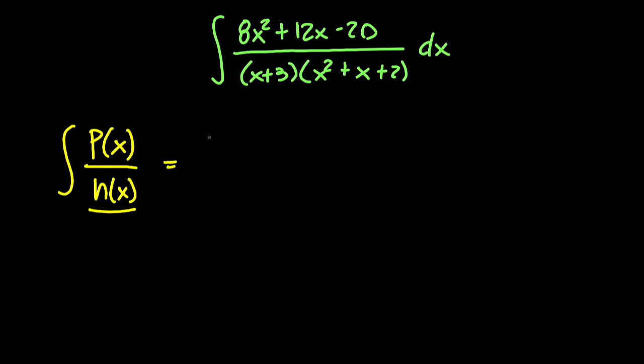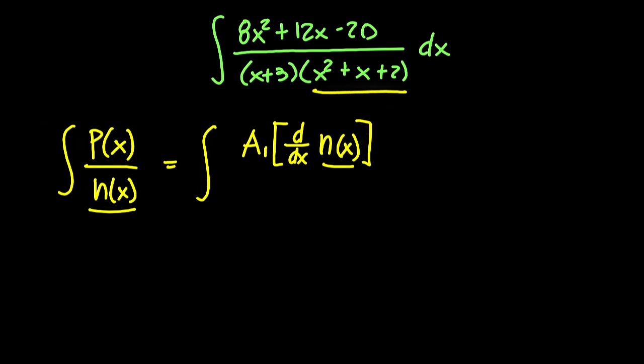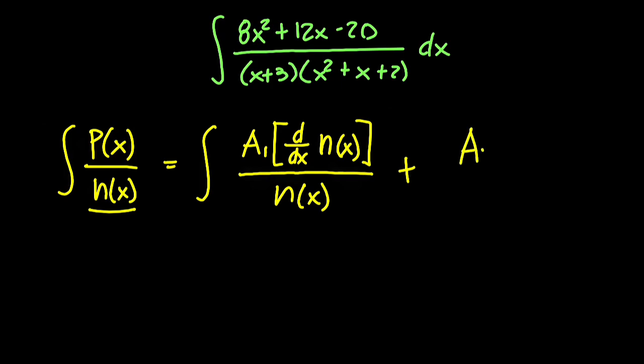By this, it can be equated to the integral of a constant, let's say a sub 1, multiplied by the derivative of N of x, I mean not the function, all over N of x, plus another constant, let's say a sub 2, over N of x.